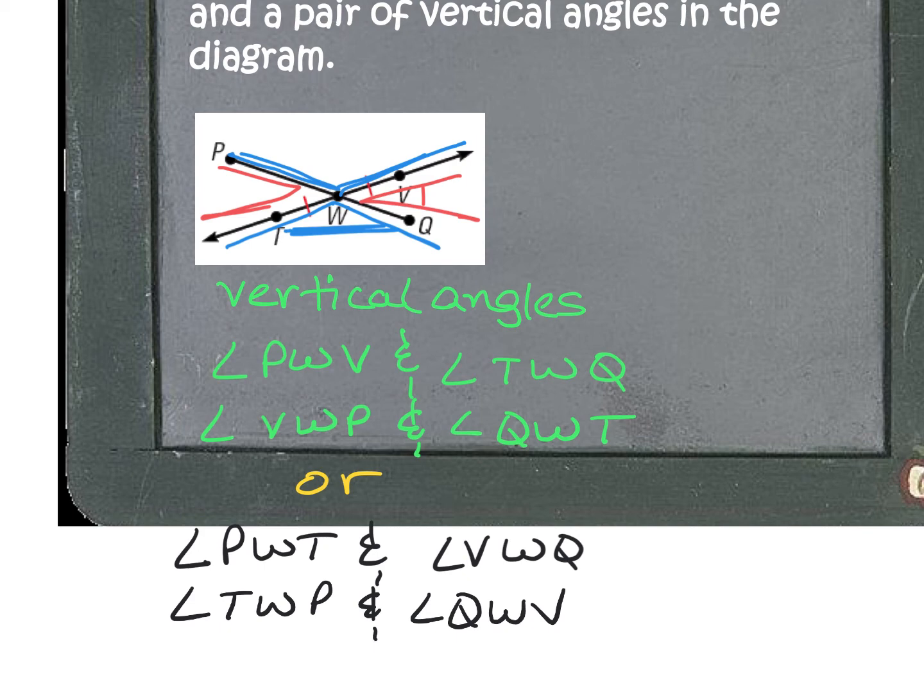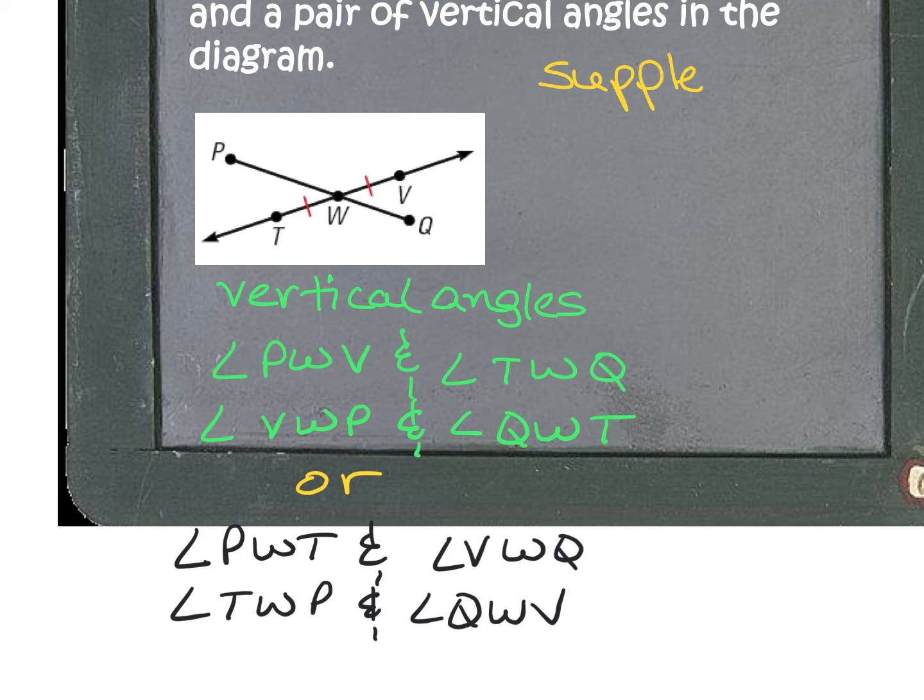Now let's go look for the supplements. Erase all this. So now for the supplementary angles, we've got a pair, and again, they're going to form a line. They'll be sitting on a line. So we have PWV along with VWQ.